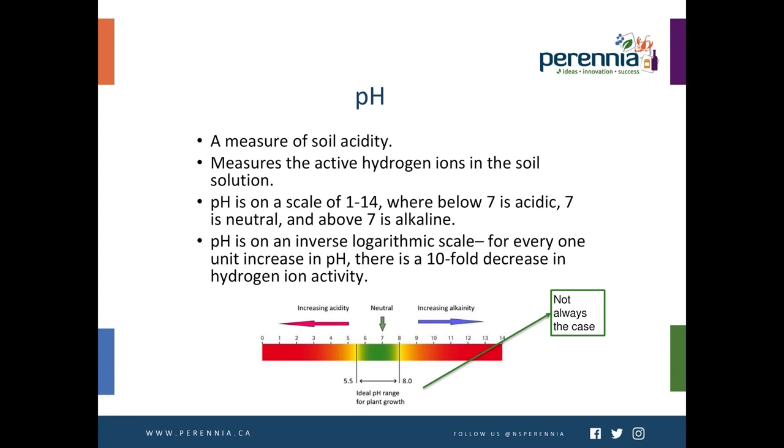It's on a scale of 1 to 14, where anything below 7 is considered acidic, anything above 7 is considered alkaline. And the other thing is that pH is on an inverse logarithmic scale. What that means is for every unit increase in pH, there is a 10-fold decrease in those hydrogen ions in your soil solution.